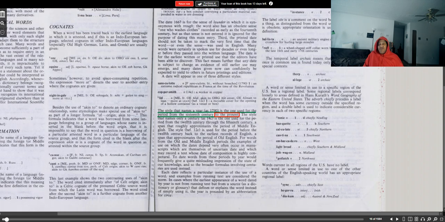See? So you have to realize the culture of etymology, the power of etymology. It tells you the history of words and the culture of words. See?